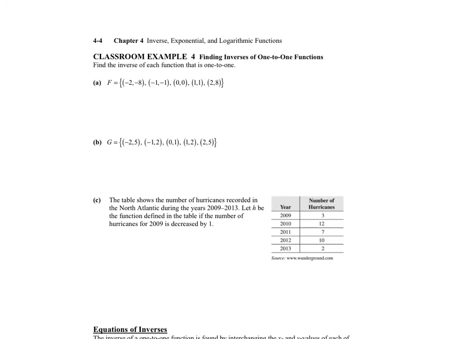Okay, so determining if functions are one-to-one by looking at the points. First you look to see if it's a function, so none of the x's can repeat. So it is a function. Now you have to look and see if it's one-to-one. Do any of the y values repeat? No, so yes, one-to-one.